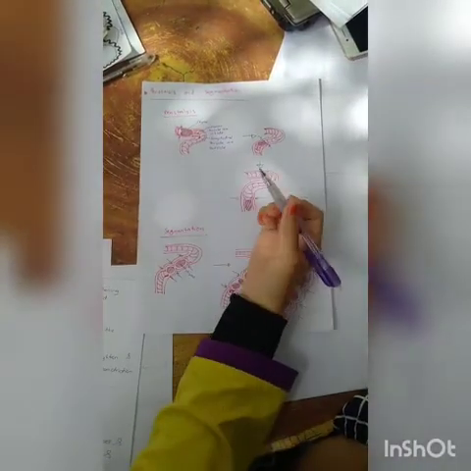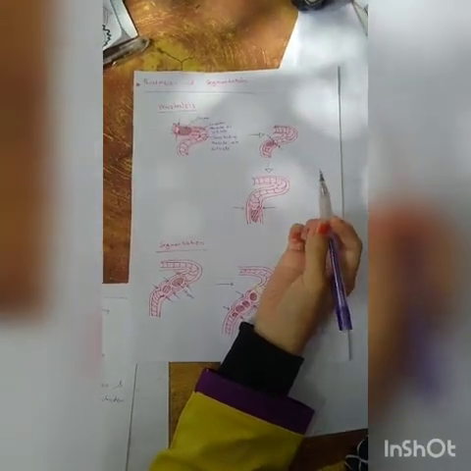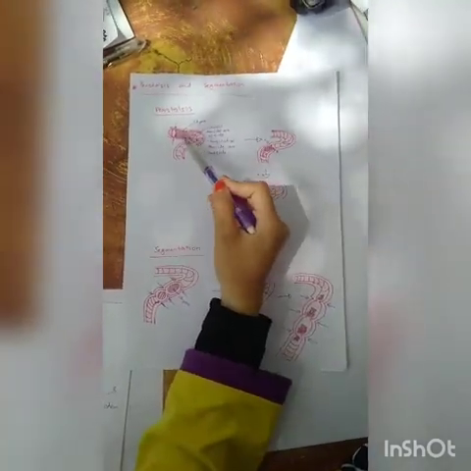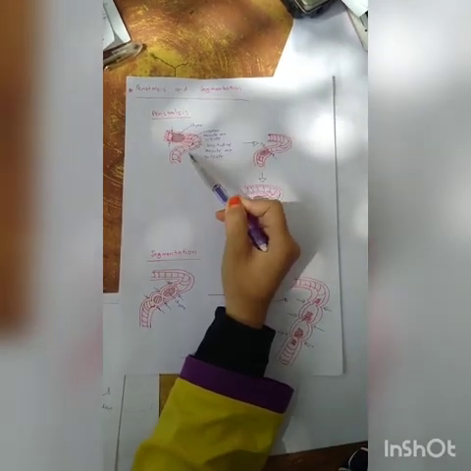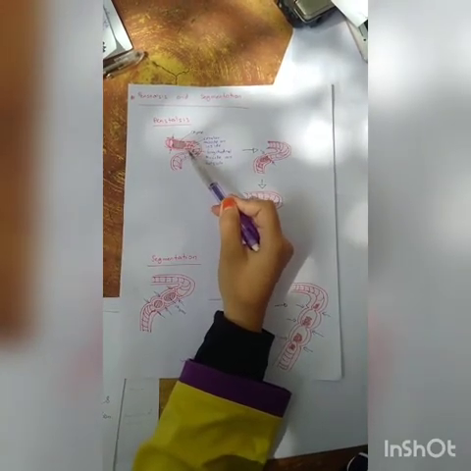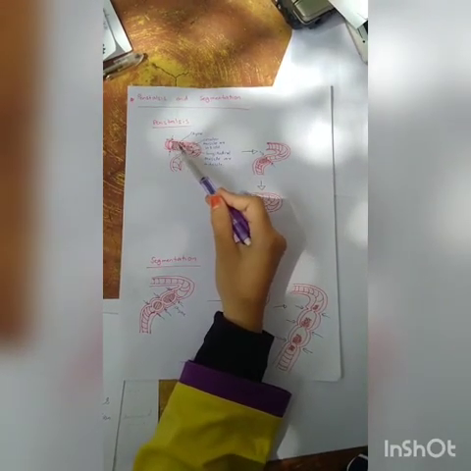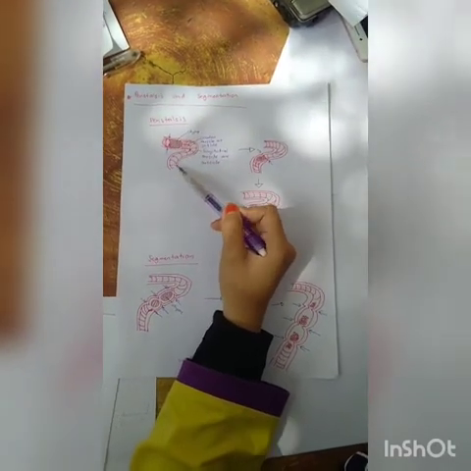Now I'm going to explain to you about the muscle actions of digestion. This is chyme. The circular muscles are on the inside and the longitudinal muscles are on the outside. The inner circular muscles contract, tightening the tube and pushing the food forward in the intestines.